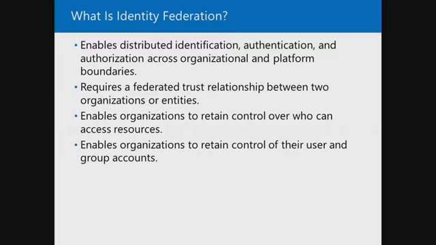So instead, we can have an agreement made between our two organizations in a federated space to basically say, hey, I am trusting that you are doing your job, and therefore anyone you authenticate and claim they are who they say they are, I'm going to take that as being good, and then you can use that as your own internal properties, not for purposes of doing ACLs or for doing other security-related things on individual file shares, but for the purposes of, for instance, access to web-based applications and other web services, that sort of stuff. It allows organizations to retain control of their users and of their group accounts and not have to simply share these secrets out with individual people.